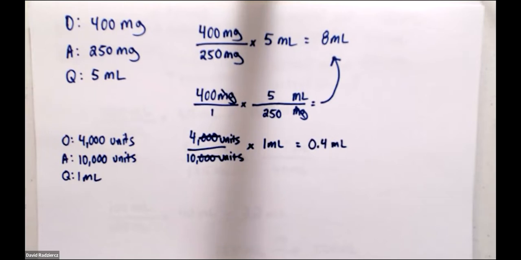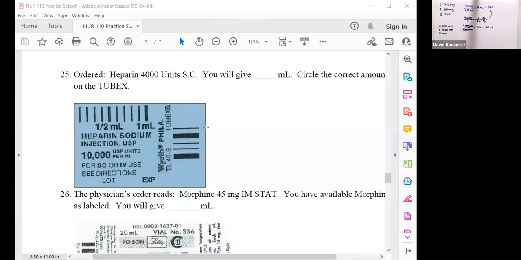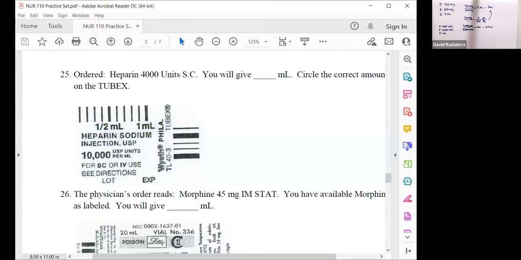All right, going back to the Tubex here, with the Tubex we are going to be marking the 0.4 milliliters. One of the things you want to pay attention to is what each of these marks represents.